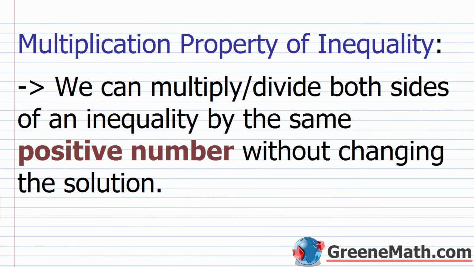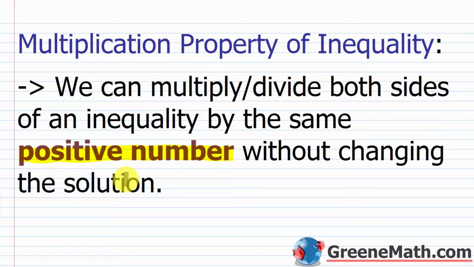Now here's the other one, and this one is something you need to really pay attention to. We have the multiplication property of inequality. So I'm going to give you two different scenarios here. We can multiply or divide both sides of an inequality by the same positive number. There's a reason I put this in red and bold. So positive number without changing the solution.